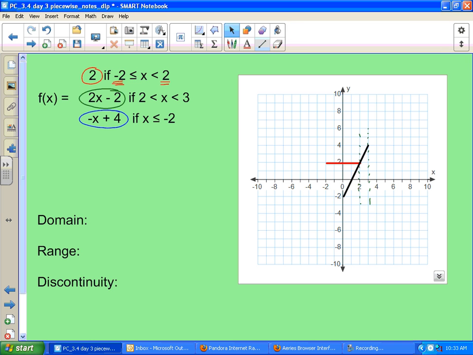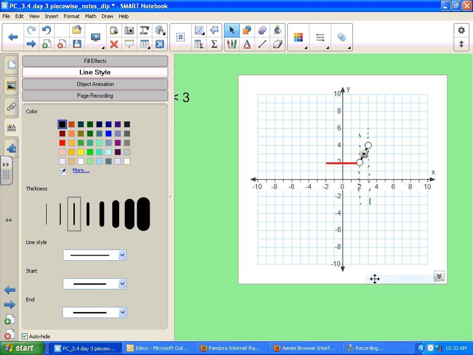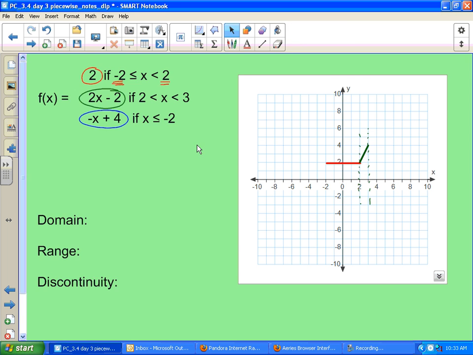But I've got to cut part of this line off. I've got to stop it right there. There's the green part of the graph. Get rid of our boundaries. Let's go do the next one.